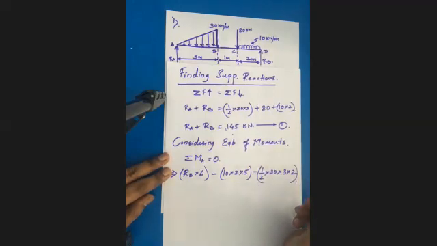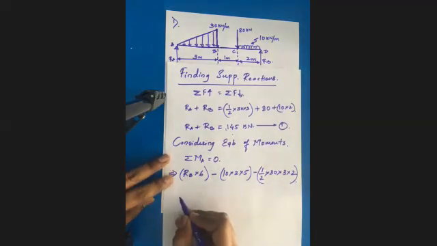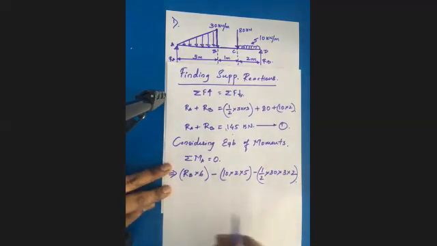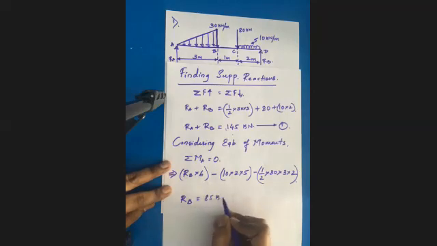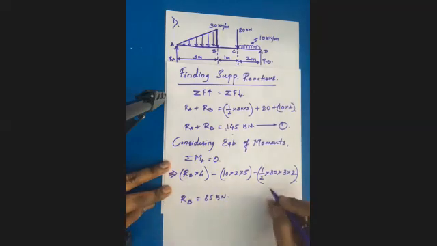Okay. So what is the equation now? The RB, I'll get it as 85 kilonewton if I solve this, and this is equal to 0 actually.